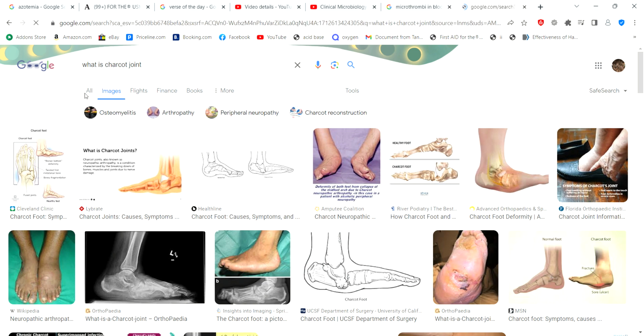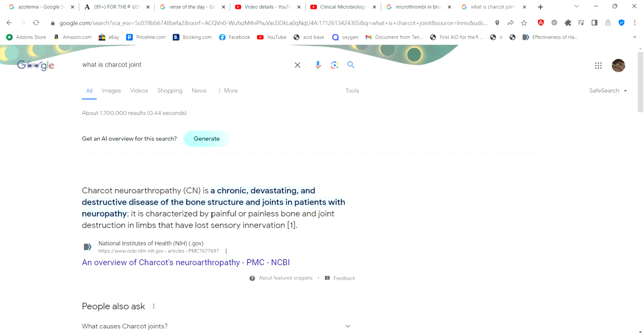So it's when your bones break down because of nerve damage. That looks extremely painful. Okay, Charcot joint: bones break down because of nerve damage.